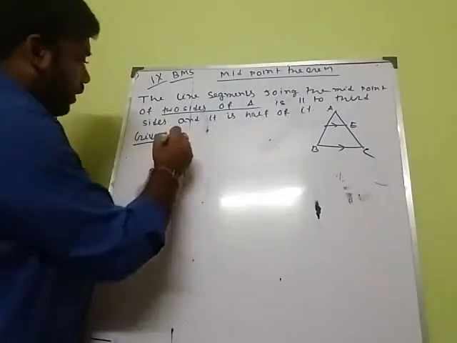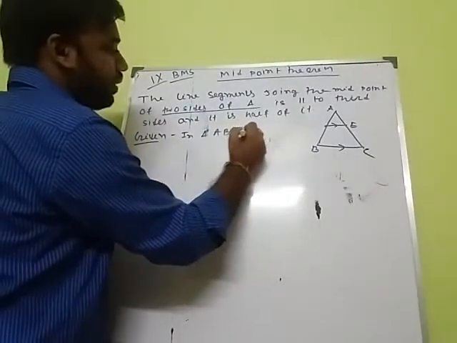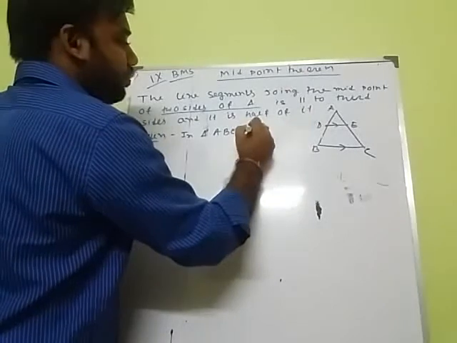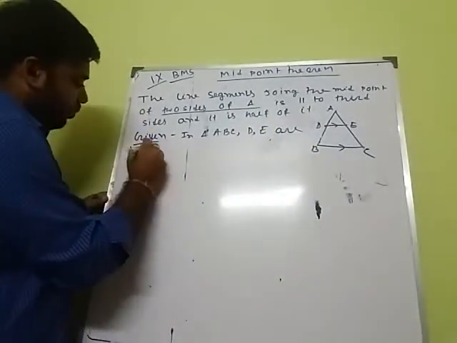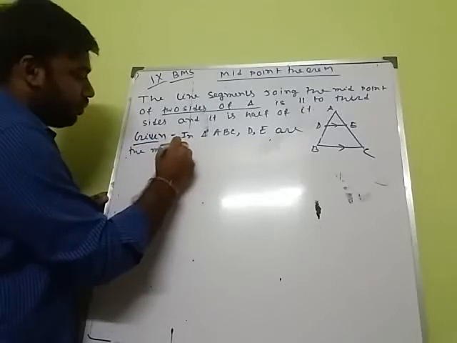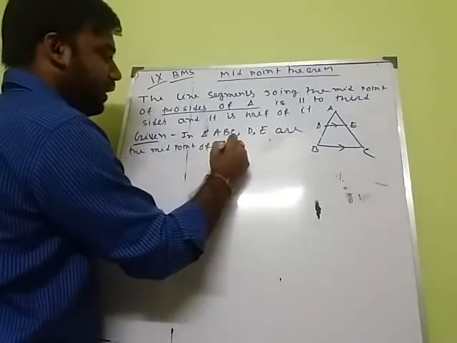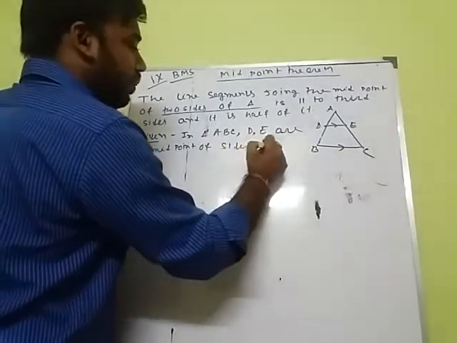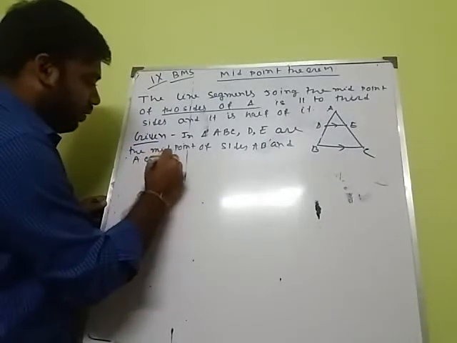So it is given that in triangle ABC, D and E are the midpoints of sides AB and AC respectively.